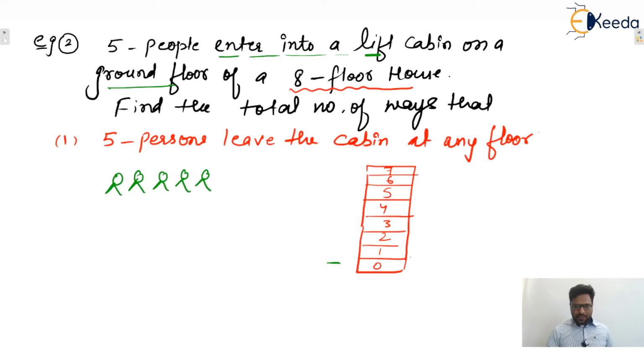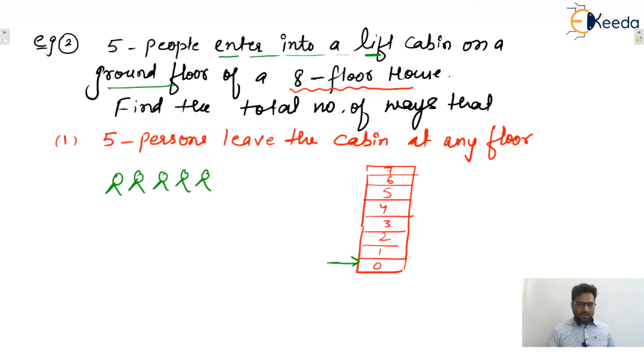So with common sense, we can assume that if they are entering the lift cabin at the ground floor, then they don't want to exit at the ground floor. Yes or no? If they are entering at the ground floor, then there is no meaning to exit at the ground floor, isn't it? So we can conclude that with common sense.